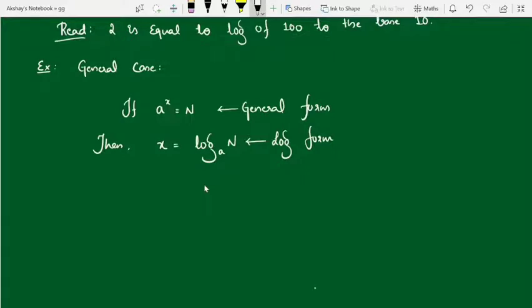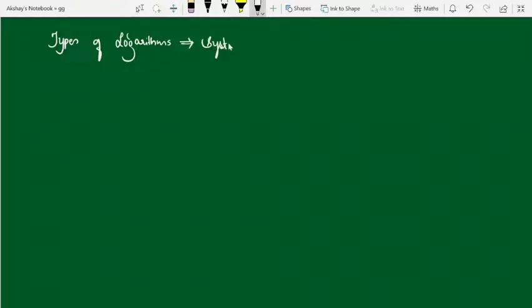So I'll be shifting to the next page. Okay, all right. So we have the types of logarithms, which we are going to call the system of logarithms.